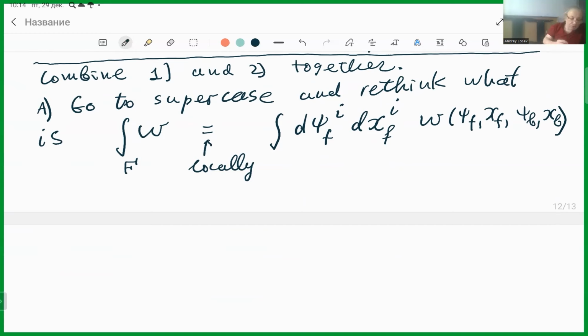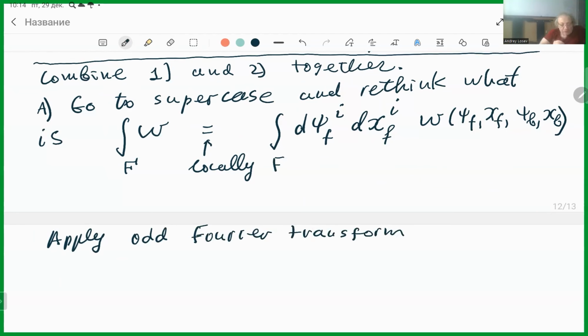And now I am going to try to apply the odd Fourier transform. So how can I do it? Sorry, Professor. I may misunderstand something. Here we integrate in the fiber, but the coordinate x, is it in the body?